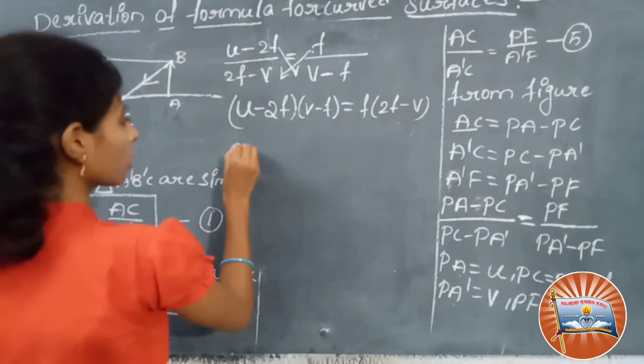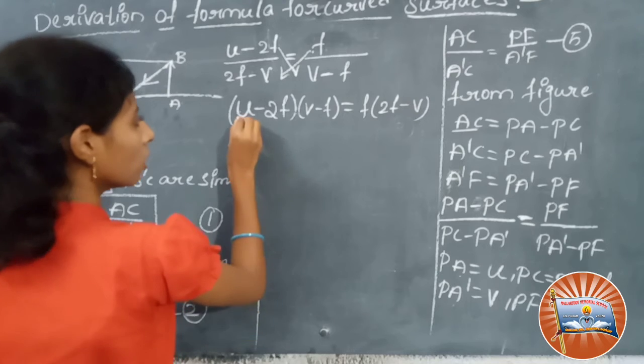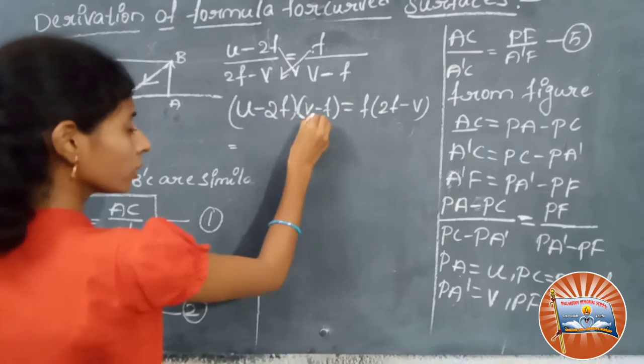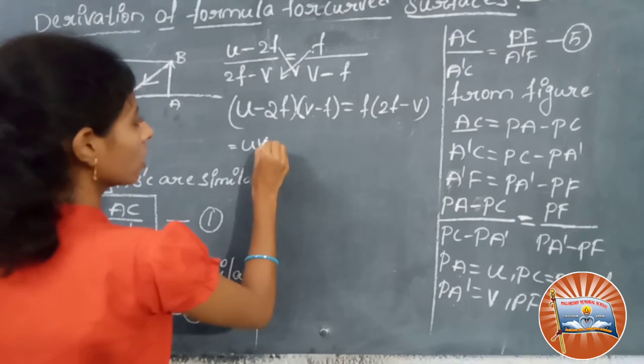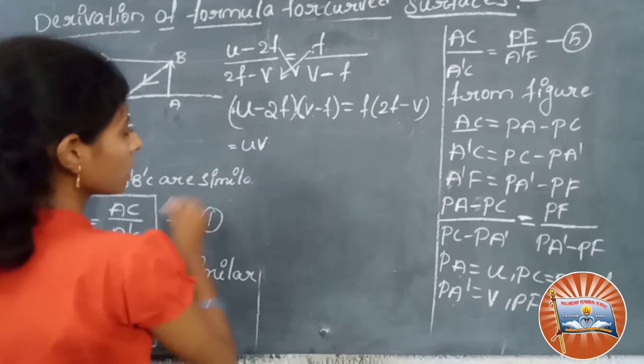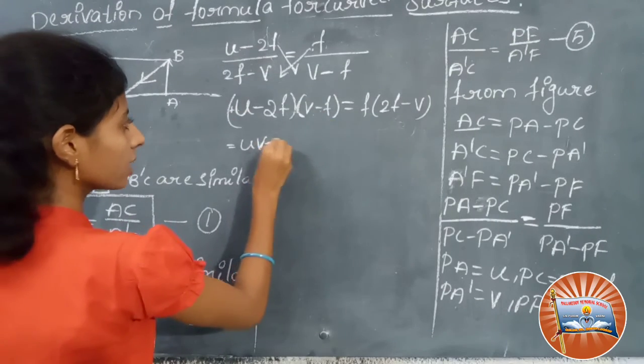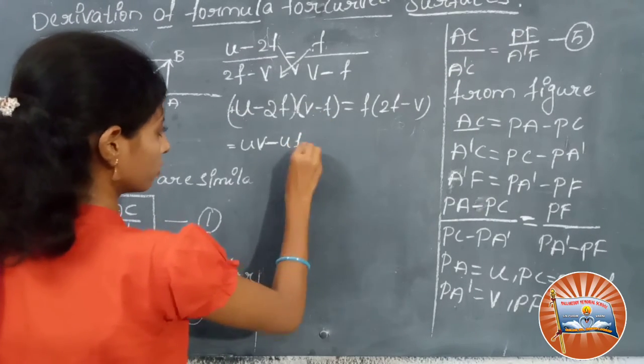Now do the multiplication. U into V, UV. Here the sign is plus, plus into minus, minus, U into f, UF.